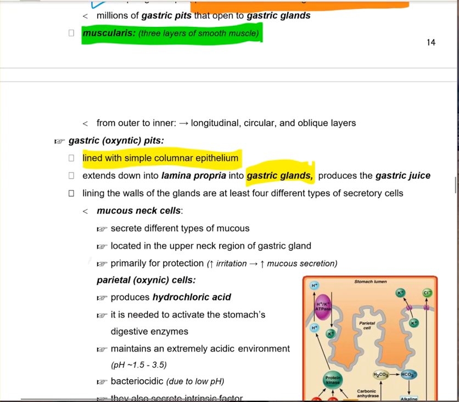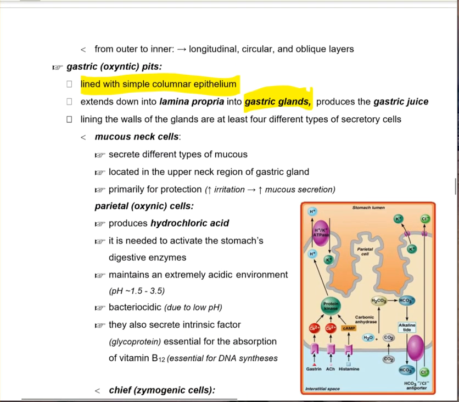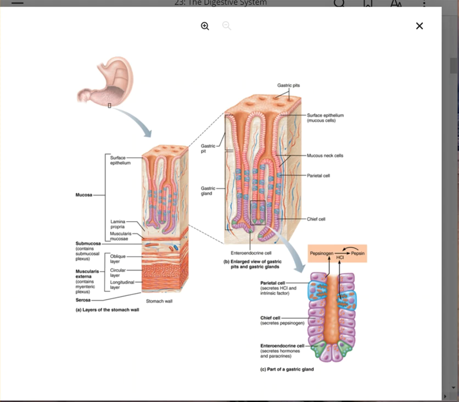Now, in those glands, there are different cell types, and your book has a nice picture on page 886. I'm going to pull that up right now. Give me one moment. Okay, here we are. I actually clicked on this picture, so I've kind of taken it out. And you can see that there are different cell types that are here. And we really want to look at the different cells.